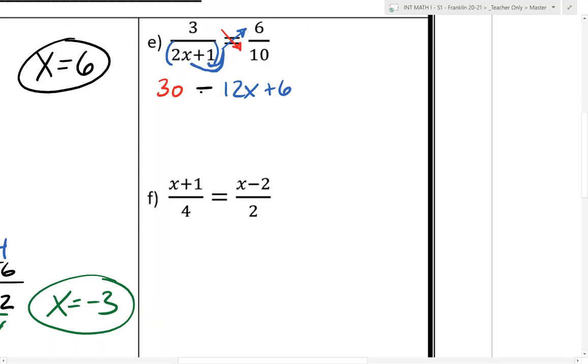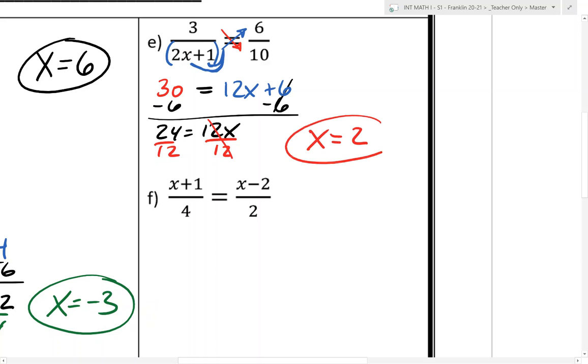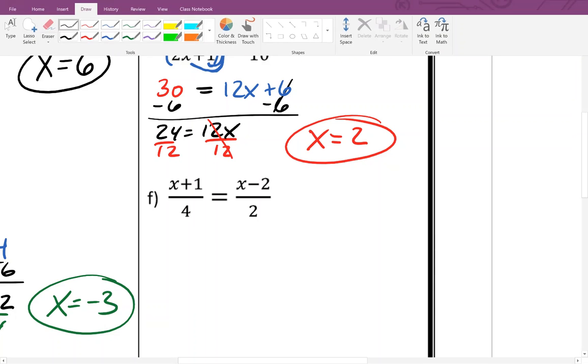We'll set those two things equal to each other and solve the two-step equation. So subtract 6, so that's 24 equals 12x. Finally, divide by 12. And x is going to equal 2.